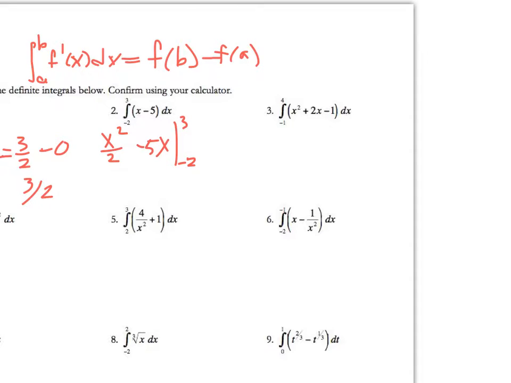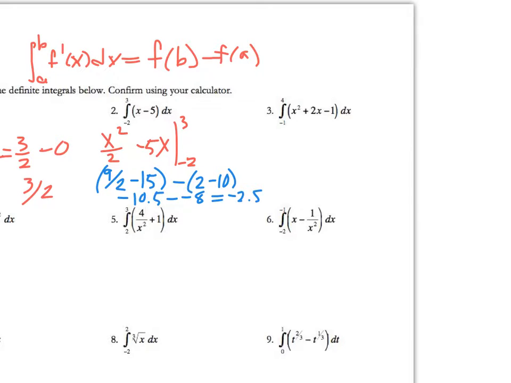And that's going to end up being 9 over 2 minus 15, and minus 4 over 2 is 2, minus 10. 9 over 2 minus 15 is going to be minus 10.5. Minus 2 minus 10 is going to be minus negative 8. And we end up with negative 2.5 for that one.